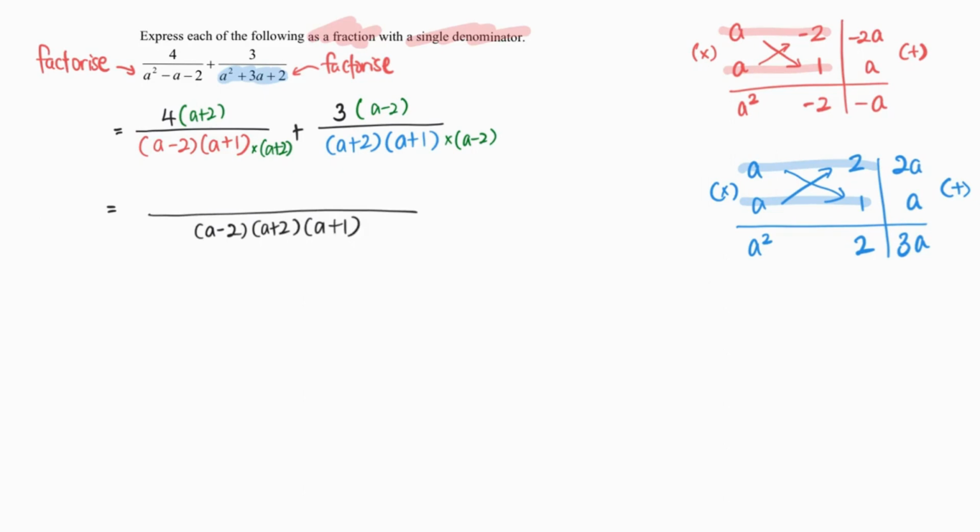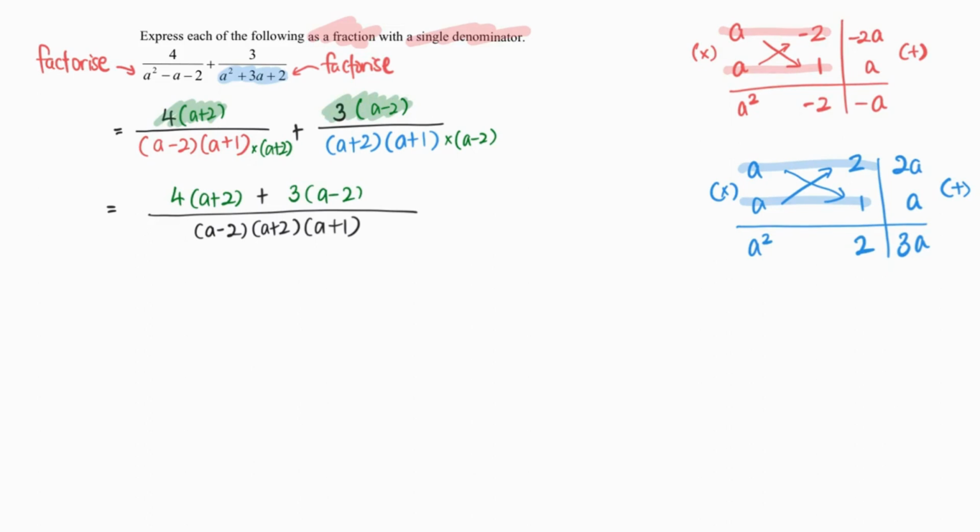And notice again that I did not expand it out first. I just simply write it as 4 times a plus 2 plus 3 times a minus 2. And that will give me this form.